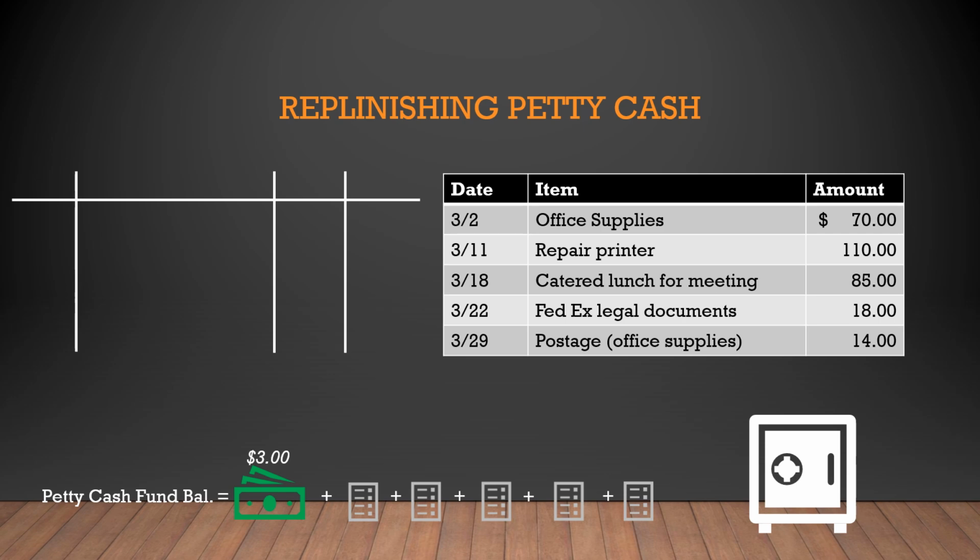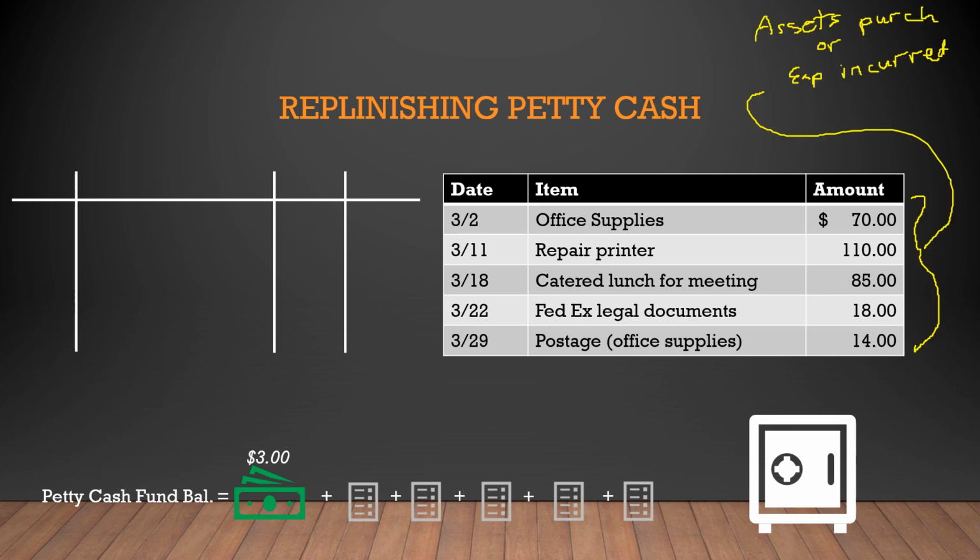All the amounts on the disbursement report will become debits in the journal entry. Remember that these amounts represent assets purchased or expenses incurred, all of which get debits. However, these items have only been recorded in the disbursements report, not the ledger. So we need to do so here.